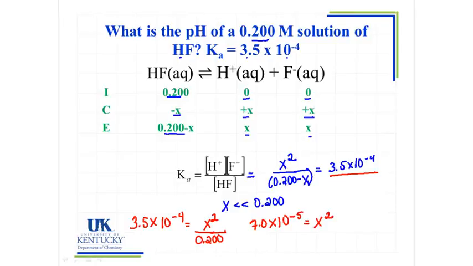I can take the square root of that number and find that x equals 8.4 times 10 to the minus third. And that will be equal to my H plus concentration. From that, if we wanted, we could find the pH value, or we could go on to find the OH minus concentration using what we know about Kw and finding the pOH value.